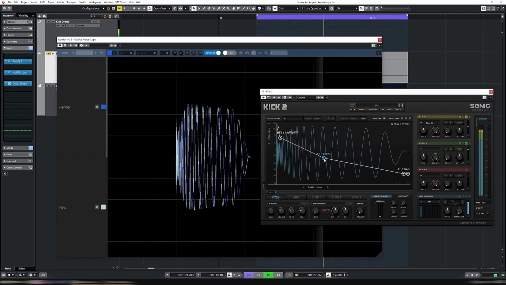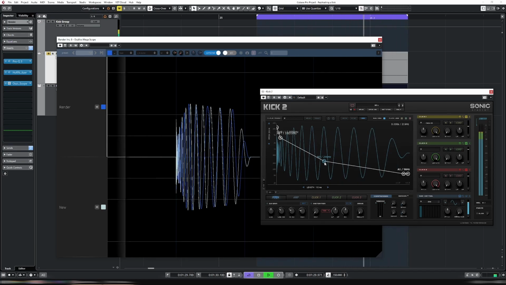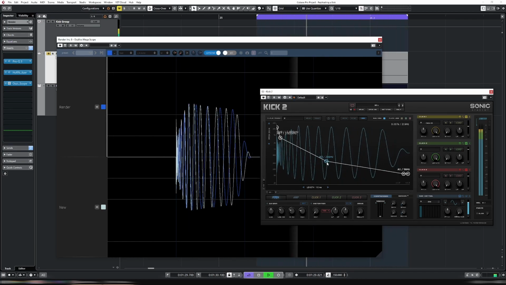We're still a little bit out, so we can see these ones need to be pushed back a bit. What that means is we need more low.